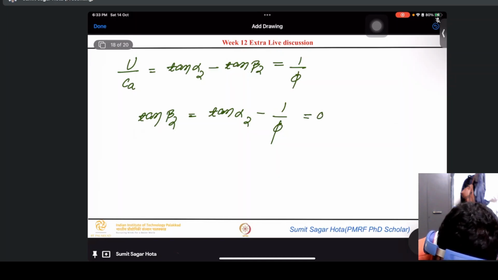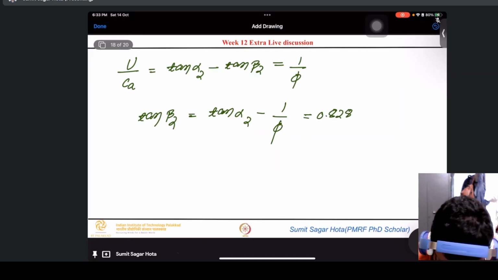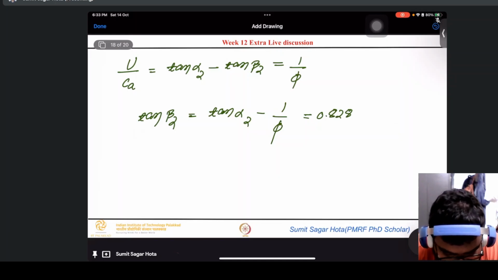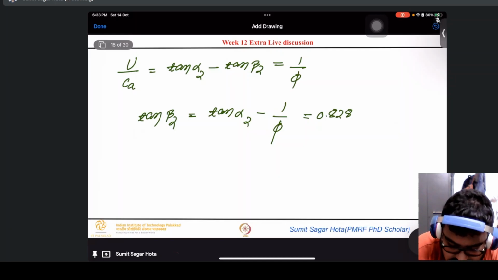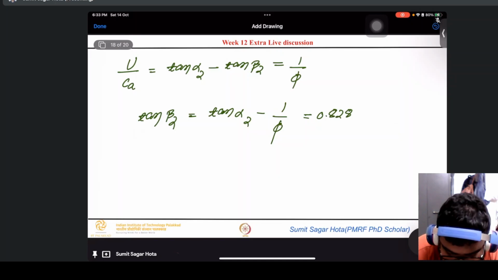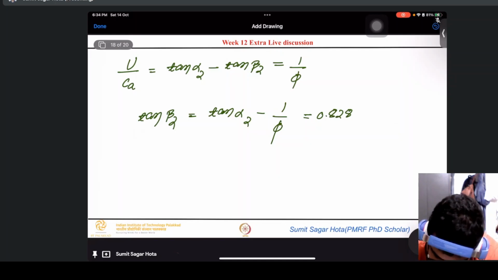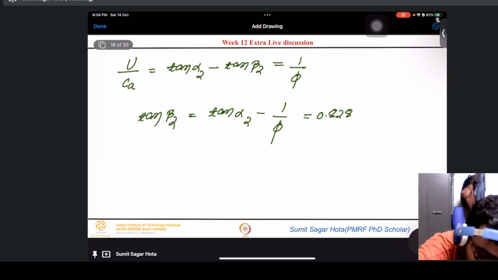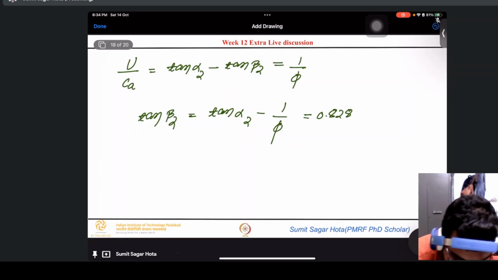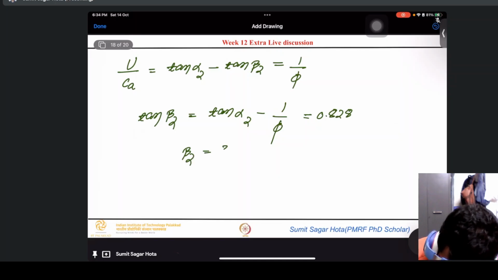Okay, if you solve you get 0.828. Okay, so now what is beta 2? Beta 2 is your 39.6 degree.